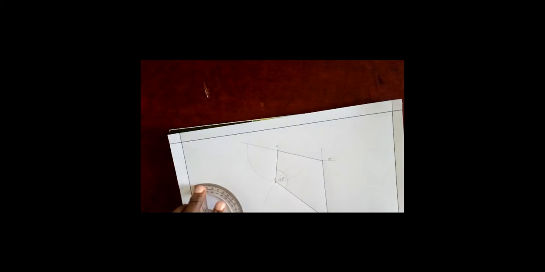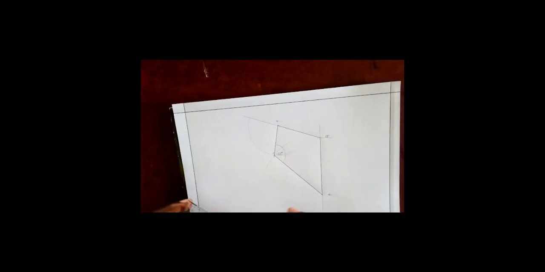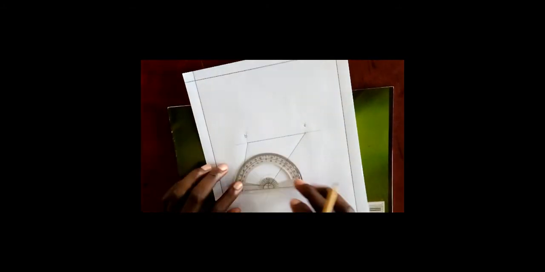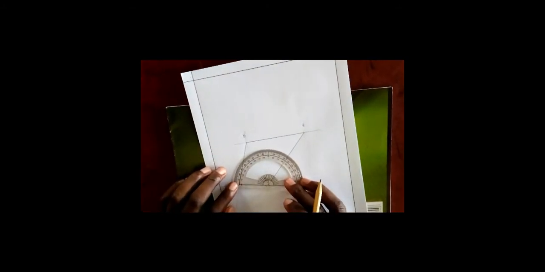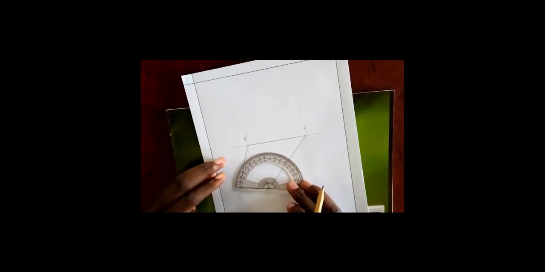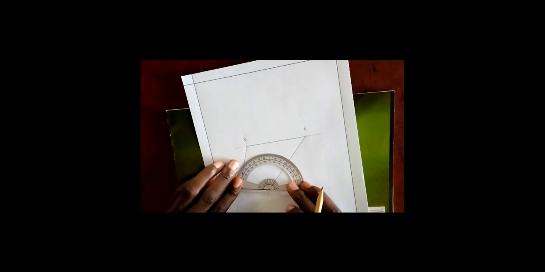So you write it, if you want, not here but on your answer sheet. Someone might be wondering why I chose this line. If I wanted, I can also use this other line here. Then I'll just place the protractor center at S, making sure it is at the center.